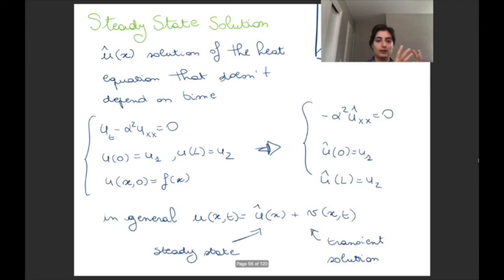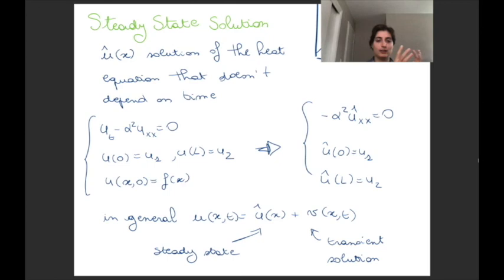And we go from here to writing the problem where the derivative over time disappears, because we want to look for something that doesn't depend on time at all. So we only have minus alpha squared times the second derivative with respect to x of u hat equals 0, and the boundary conditions based on u hat.